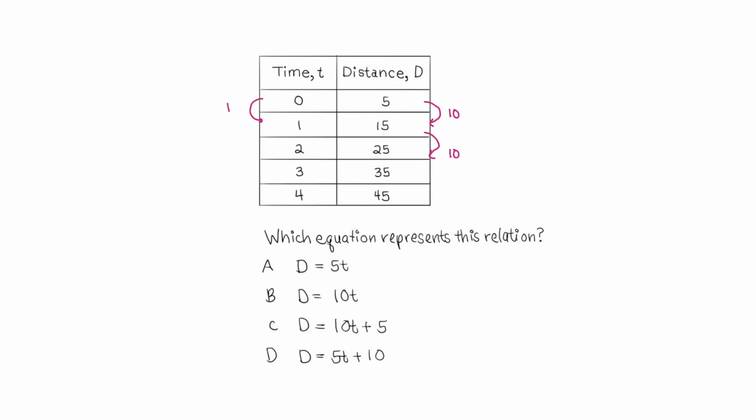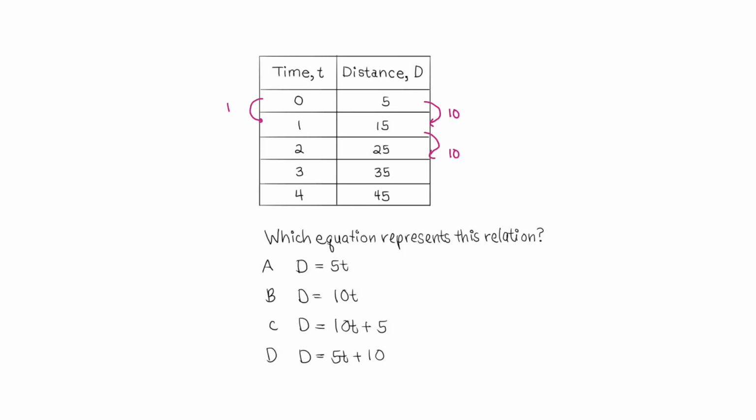So the question is, which equation represents this relation? So our slope is 10. It's going up by 10 for every 1. So it's going to be 10t. And then we need to figure out, okay, so is there an initial value? There is an initial value.